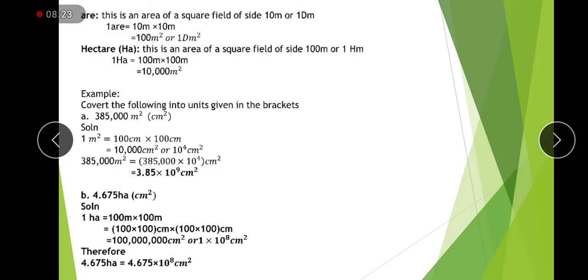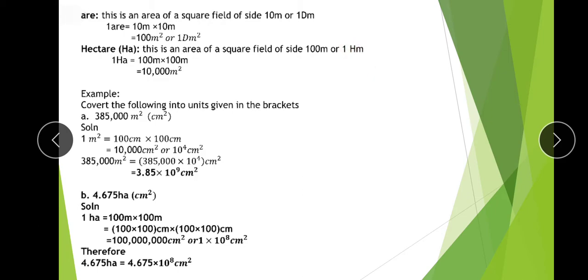Now, R is a square field measuring 10 meter by 10 meter, or 1 decameter by 1 decameter. So 1 R is equivalent to 10 meter times 10 meter, which is 100 square meter. Hectare is an area of a square field of side 100 meter or 1 hectometer.